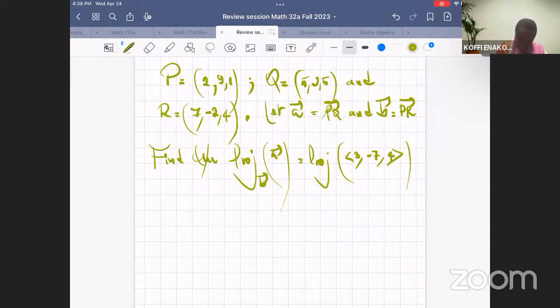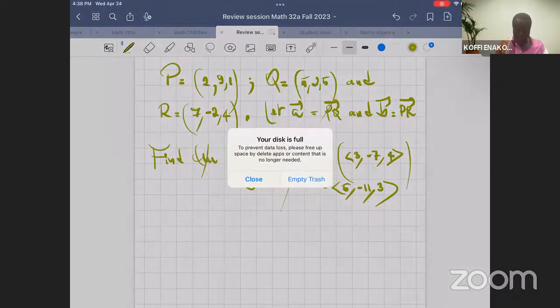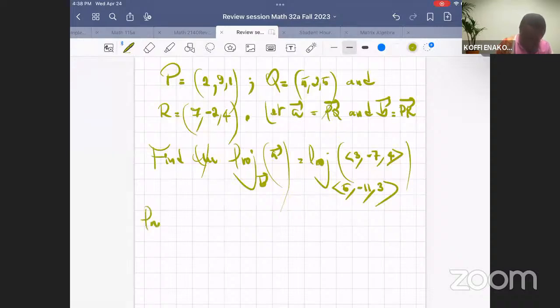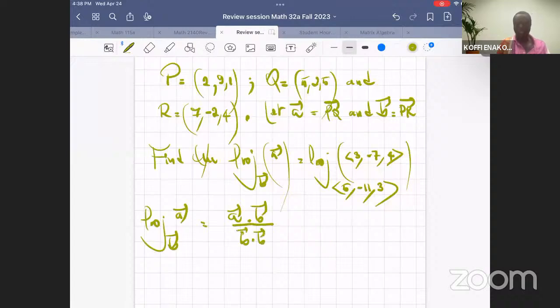PR is 5, -11, 3. So the projection vector of A onto B is A dot B over B dot B, multiplied by the vector B.